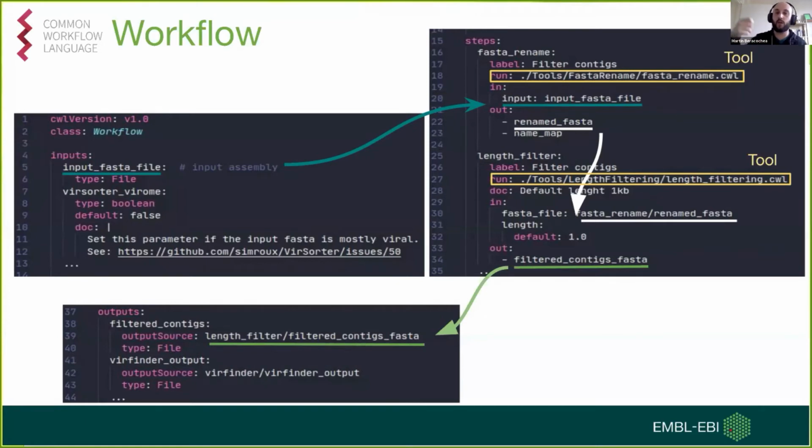Basically, step one is going to process the file in some way, and then the output of step number one is going to be fed to step two, and so on. So basically, CWL is going to work out how to execute that for you, so you don't have to worry about that. You just feed the workflow with the inputs, and then you get out your outputs.